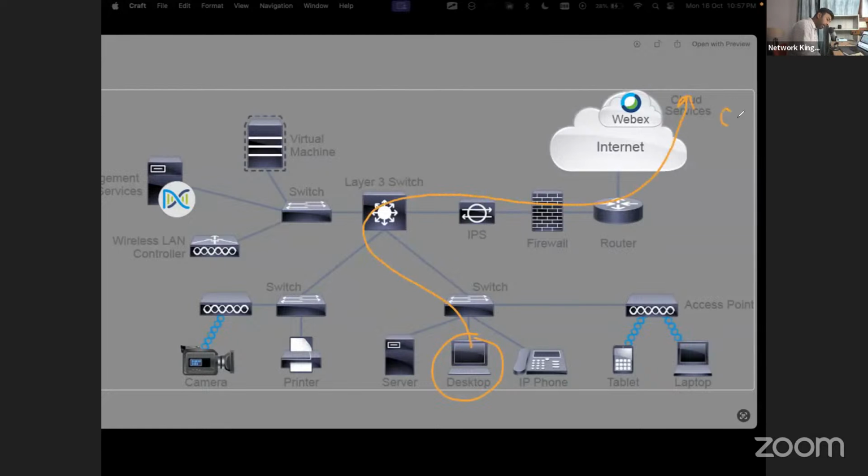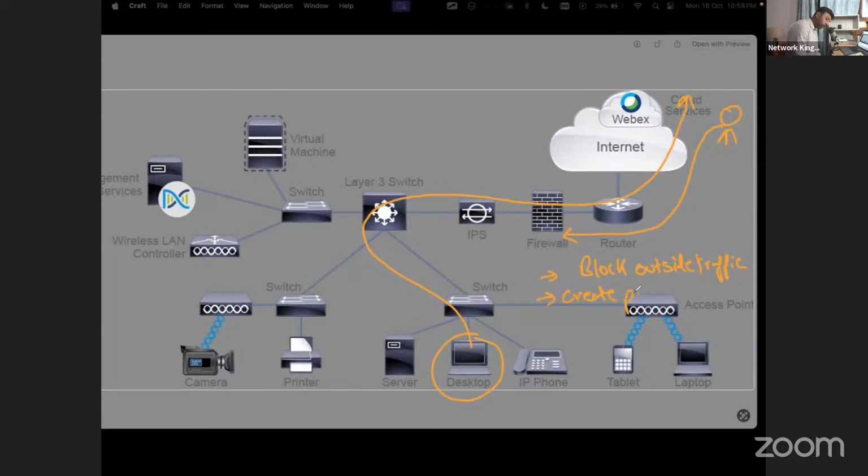But majorly, the first priority of a firewall is to automatically block outside traffic. So just write: block outside traffic. And the second thing: create policy.